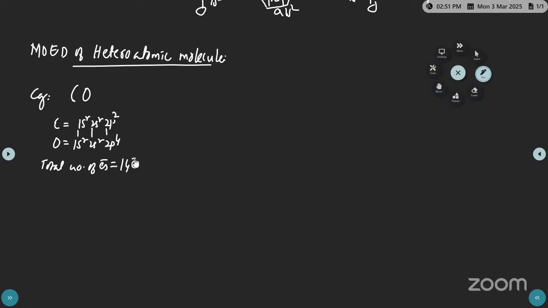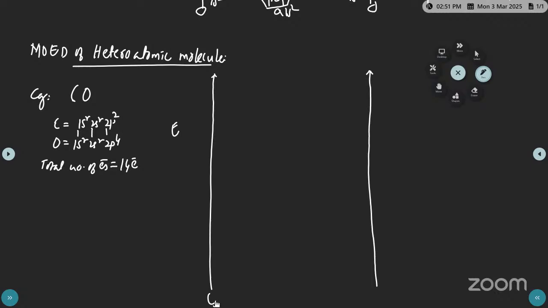Draw the energy of the carbon atom and the energy of the oxygen atom. Left side carbon atom and right side oxygen atom. The 1s2 orbital of carbon overlaps with the 1s2 orbital of oxygen.